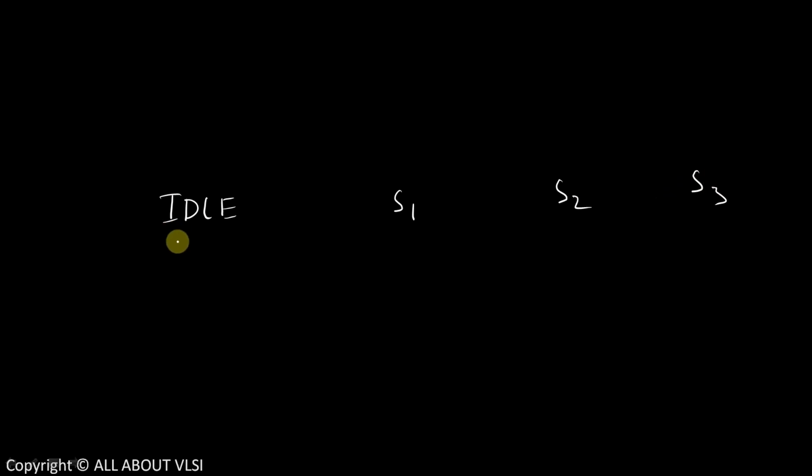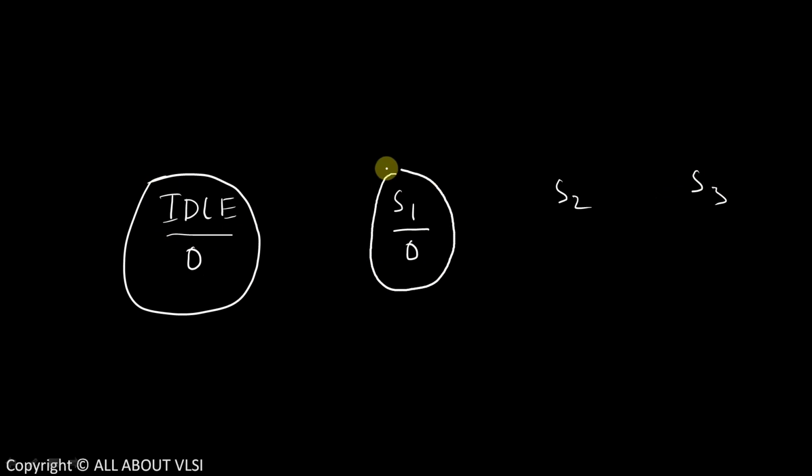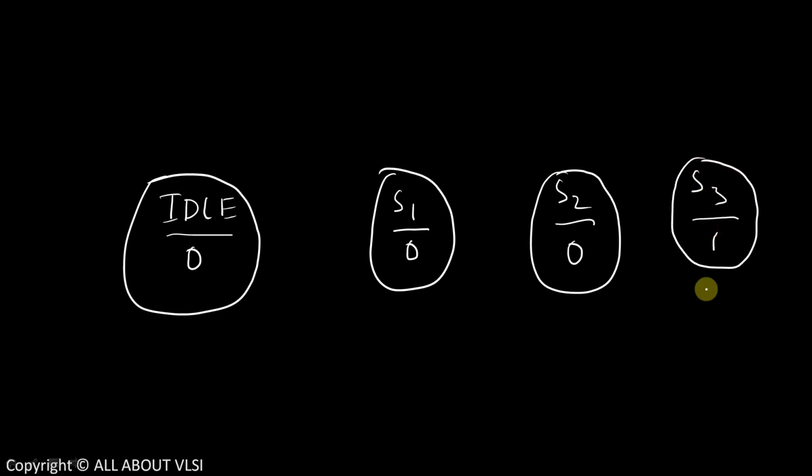Here, you mention the output with the state itself. In the idle state the output is equal to 0 because no bit is matching. In S1 state also the output is 0, and in S2 state the output is 0. In the S3 state, the sequence is matched, so the output is equal to 1. That's why we need this extra state, so that we can represent our output with it.